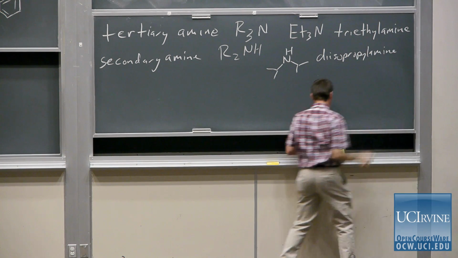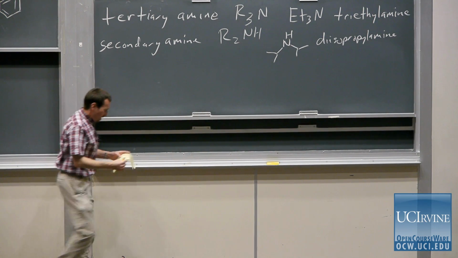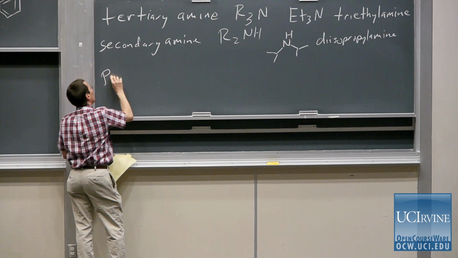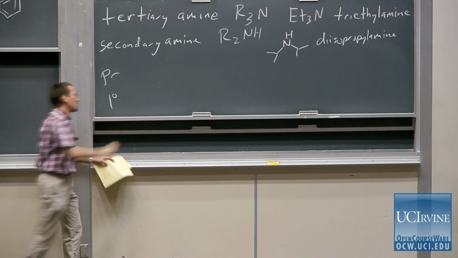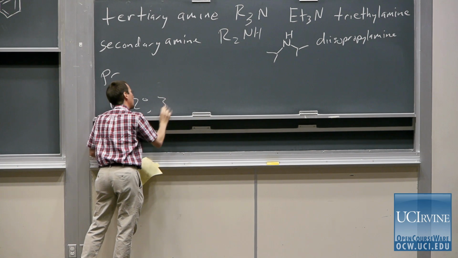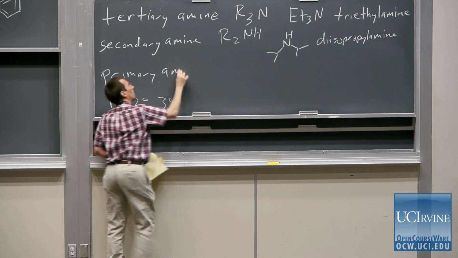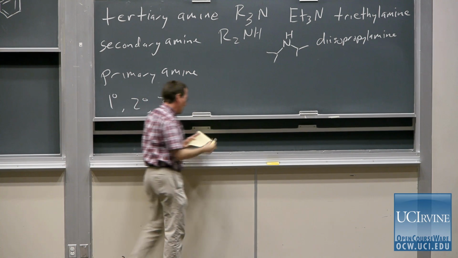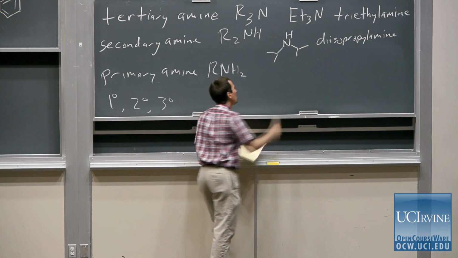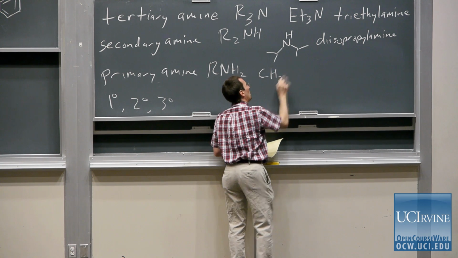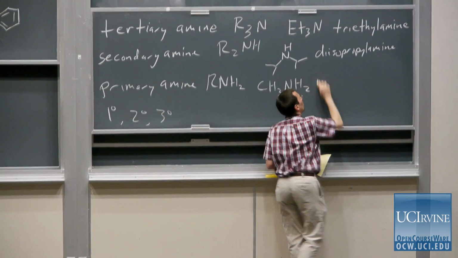This secondary amine. Say primary amine. By the way, you'll see people write 1 naught for primary, 2 naught for secondary, 3 naught for tertiary. That's fine too. For a primary amine, of course, we're talking RNH2 here. So I'll give us an example of methylamine, CH3NH2.